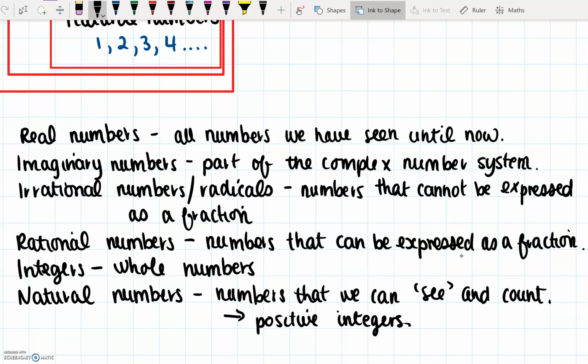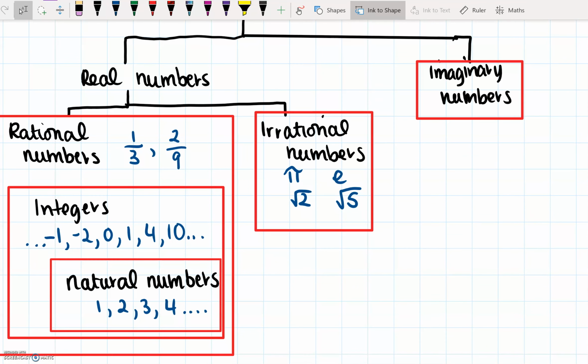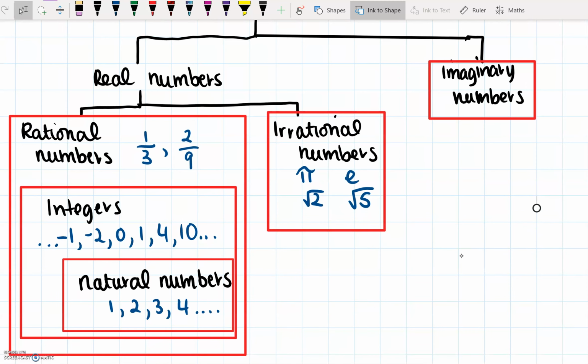Your questions today will basically be asking you to categorize certain numbers. So you need to think about what category a number falls into. Now remember, if you go back up to our flowchart here, all natural numbers are also integers. They are also rational numbers, and they are also real numbers.